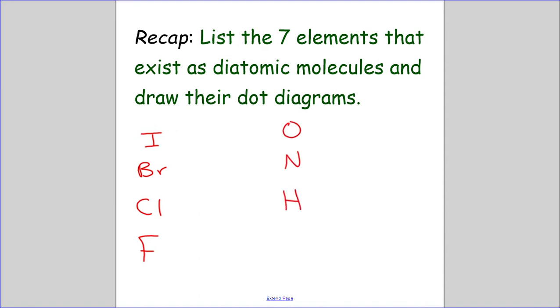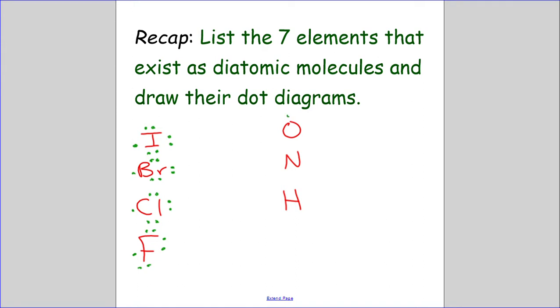And so to draw dot diagrams for each one of those, each of our halogen group will be the same. Each of these dot diagrams should have 7 around them, because they all are in the same column.